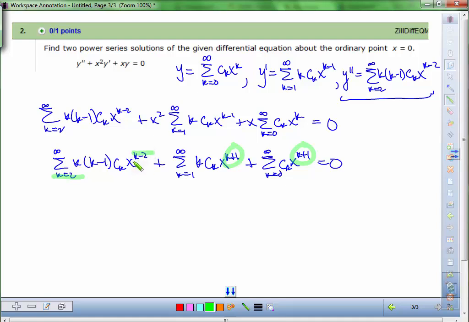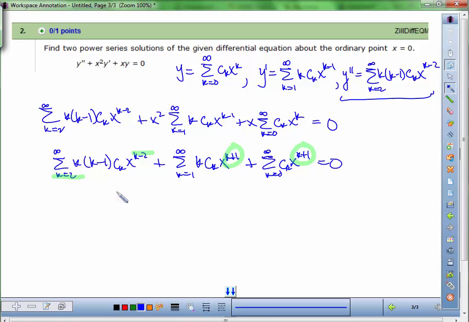How much do I need to adjust k by to get that? I need to add 3 to the k here, right? So I'm interested in having x to the k plus 1, so it'll match with all these things.